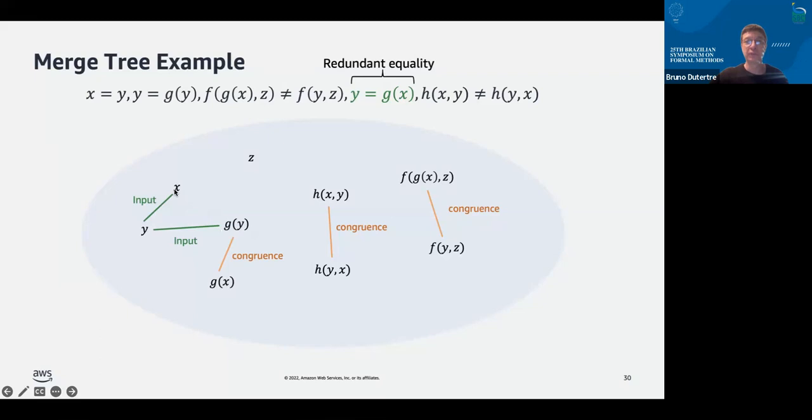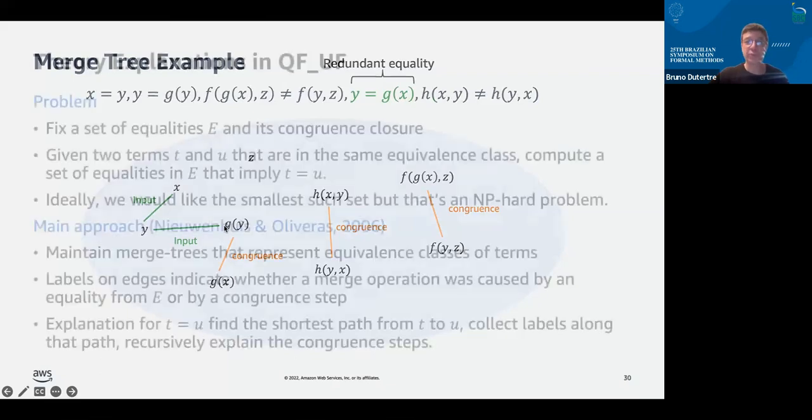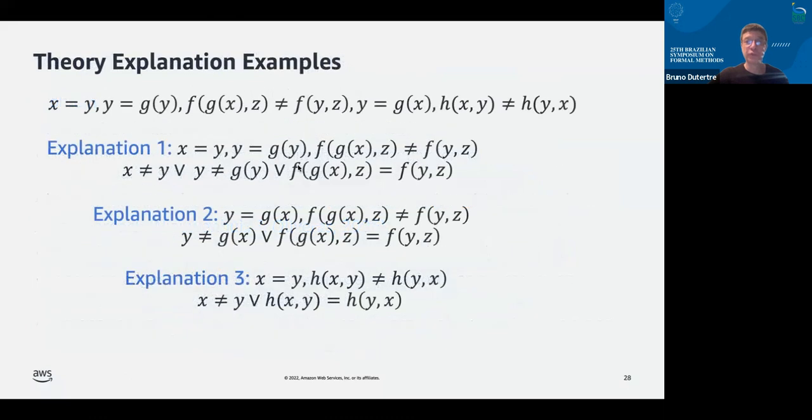We do it, again, by looking at the path from x to y in the graph. In this case, there's only one input equality, and we are done. So the explanation we would compute for this congruence will be x equals y and y equals g of y. So if we go back to the previous picture, we would get this first explanation here.